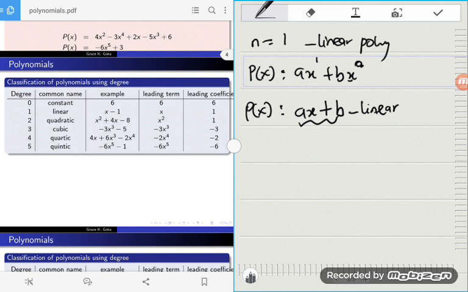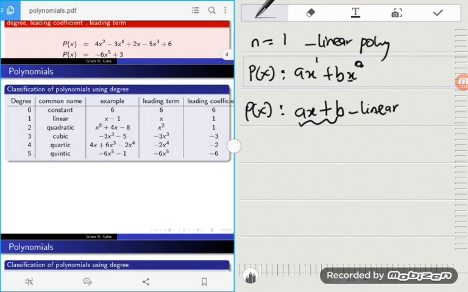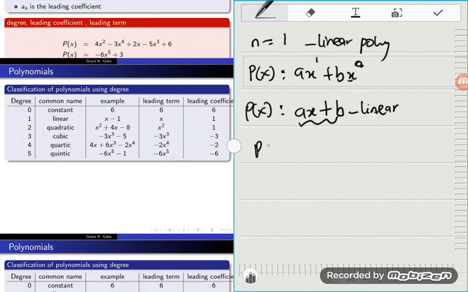And so if the highest exponent is 1, we have a linear polynomial. If the highest exponent is 2, so we have P of x giving us ax to the power 2 plus bx to the power 1 plus cx to the power 0, such a polynomial is known as a quadratic polynomial.